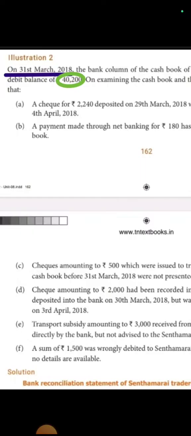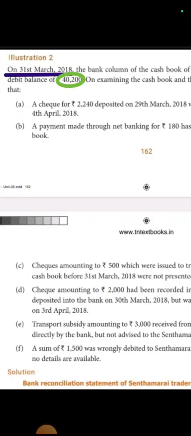Listen here carefully. They have given the bank balance of the cash book. So can you tell me what they asked us or what we have to find out? Yes, you are right. Now we are going to find out the balance of the bank statement.